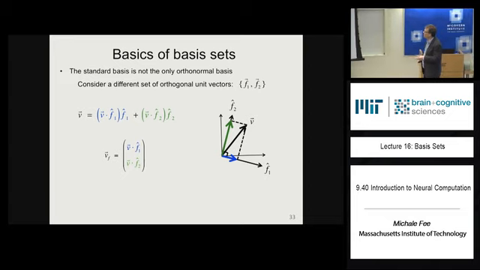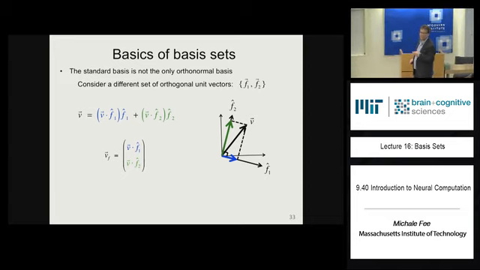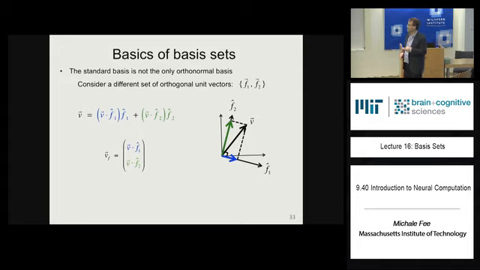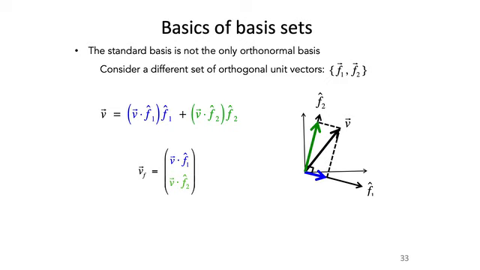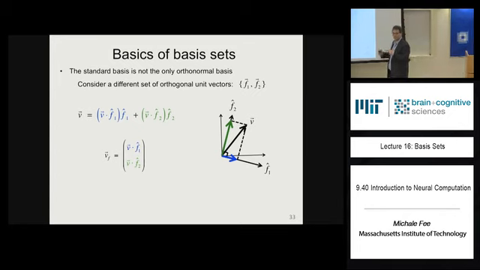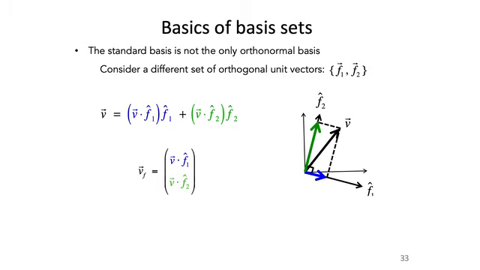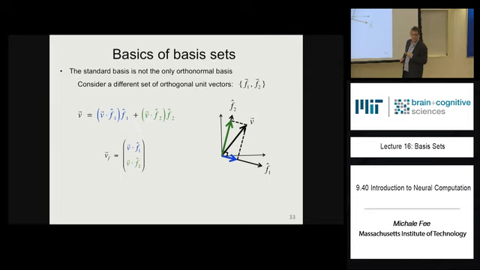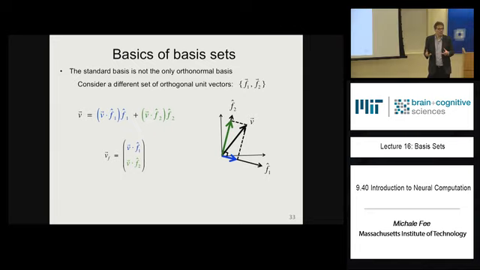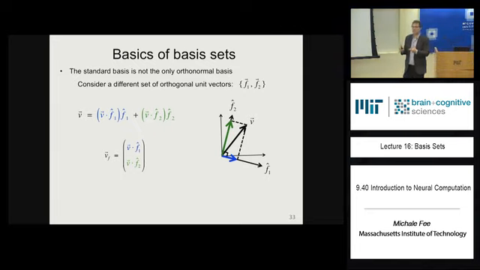You can write down this vector v in this different basis set as a vector with 2 components. This is 2-dimensional, R2. You can write it down as a 2-component vector v dot f1 and v dot f2.